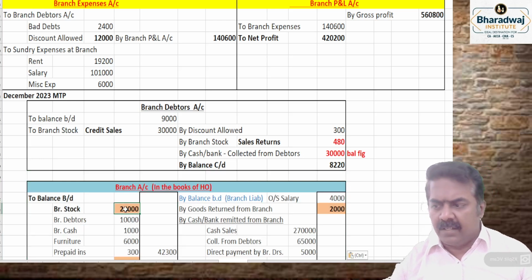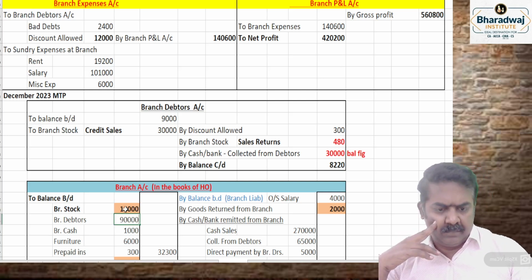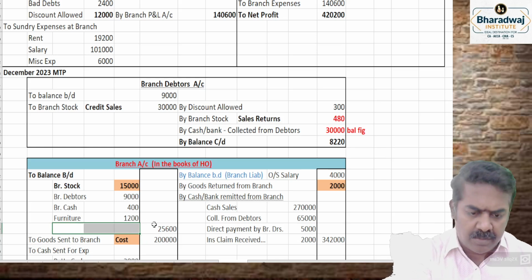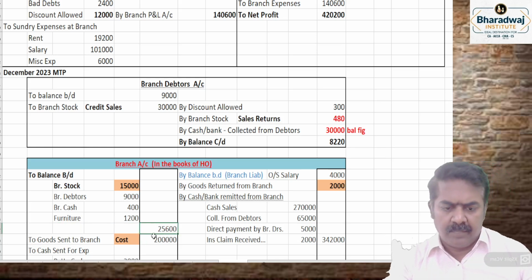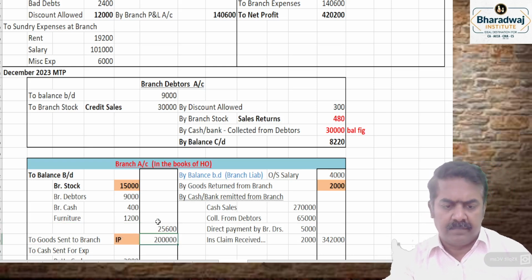What is the opening stock? Opening debtors? Opening cash? Any asset at the branch? How much? Then no prepaid insurance in this question. Goods sent to branch given at invoice price. 80?